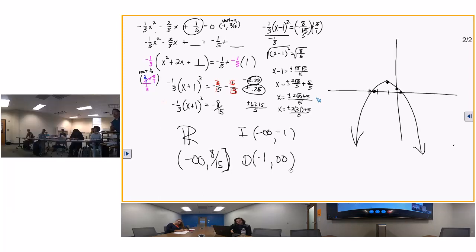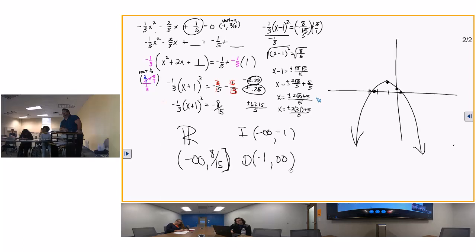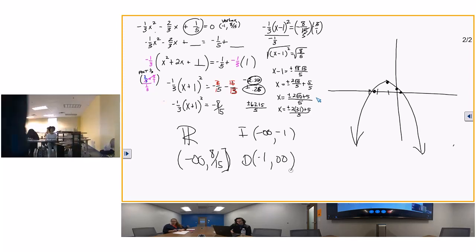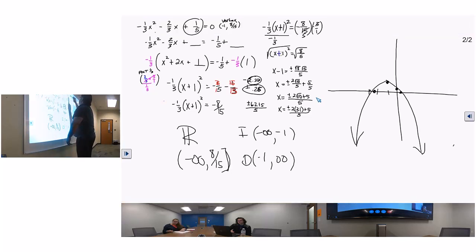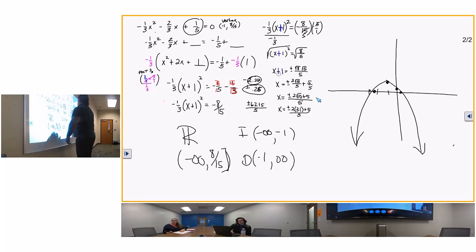Oh yeah, that's where I messed up, because I still had -1 in my head for some reason. And that would have made that a negative. That's where the signs are. Let me mark it so you can mark it on your paper.